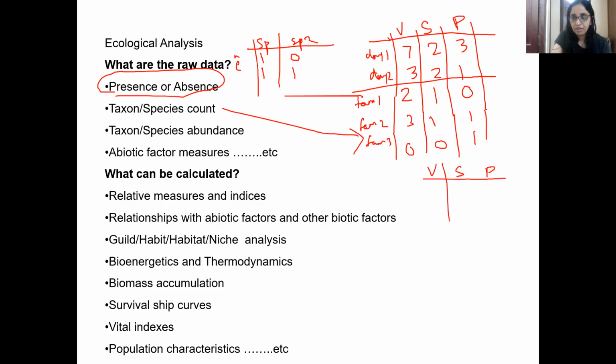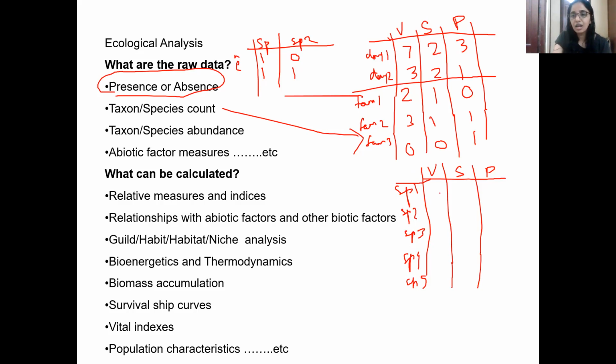And instead of day 1, day 2, what I have put here is species 1, species 2, species 3, species 4, species 5. So after doing my sampling in these three sites, I was able to identify 5 different species or 5 different morphs, and I have just named them like this.